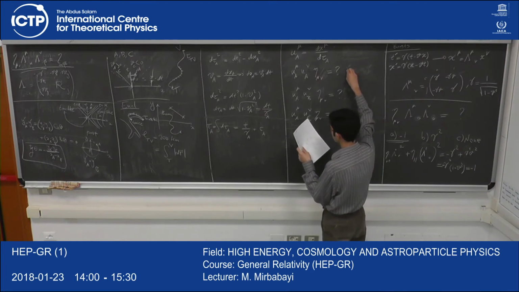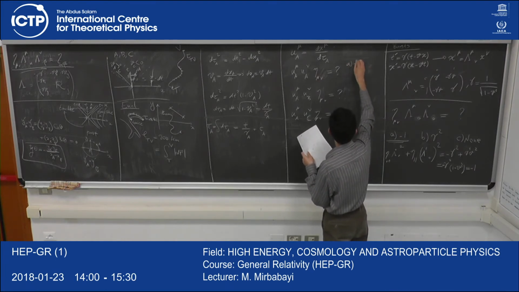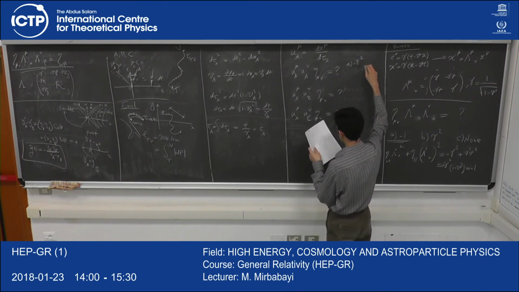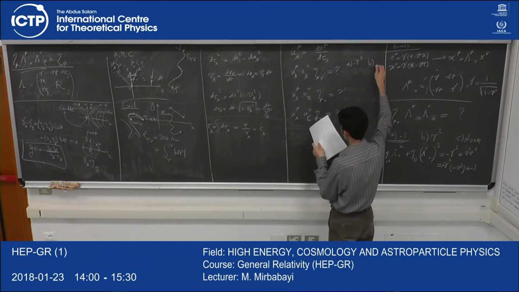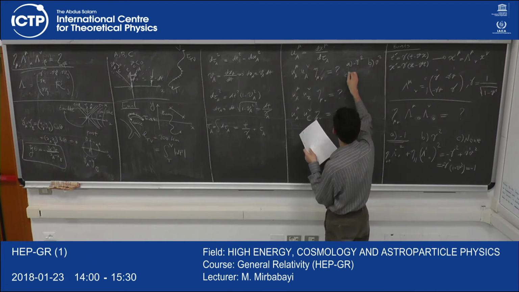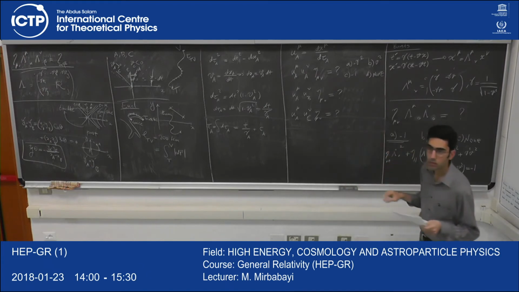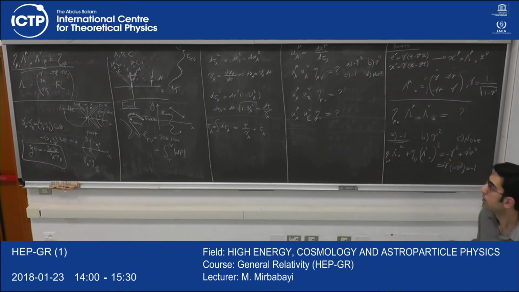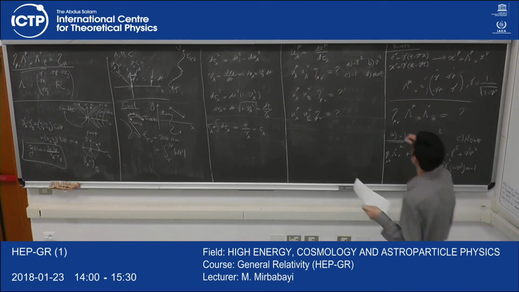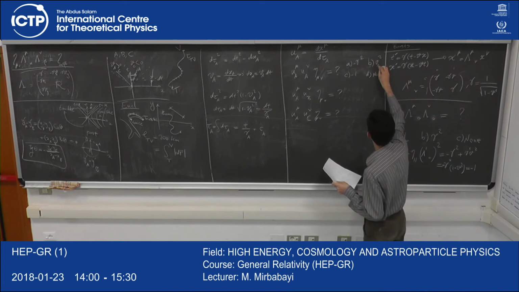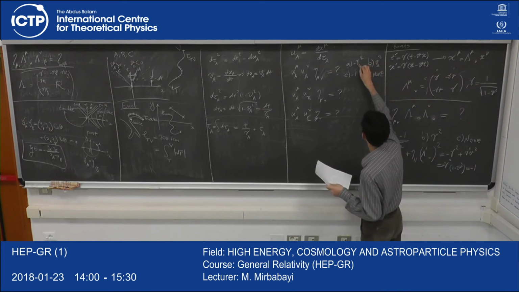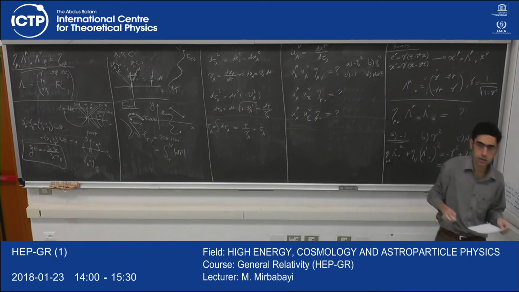Let's first do this one. Do you mean B squared? Yes, this is A squared, and this is gamma A squared.